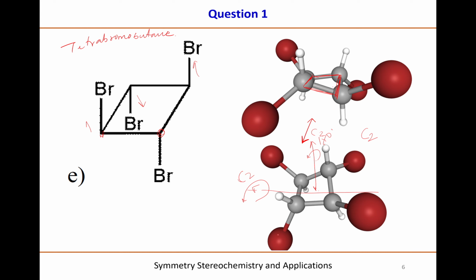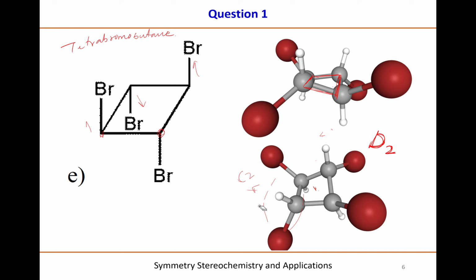And this bromide will go to this side, like this way. So here a perpendicular C2 axis is again present. So there are two axes, principal and subsidiary, and both are C2 only. So that's why we will write here D2, right? D2. Now we have to find out the plane of symmetry.